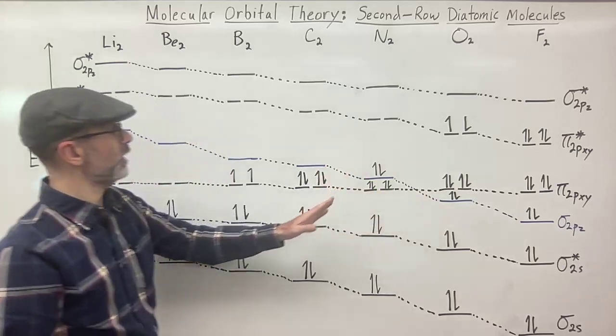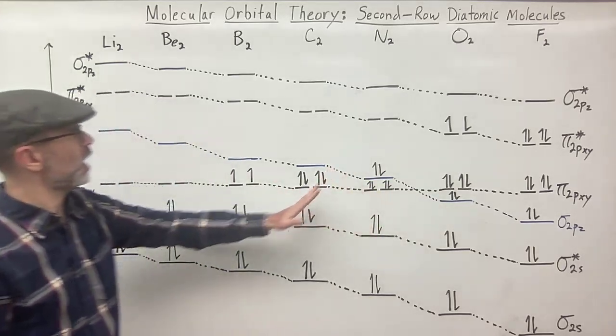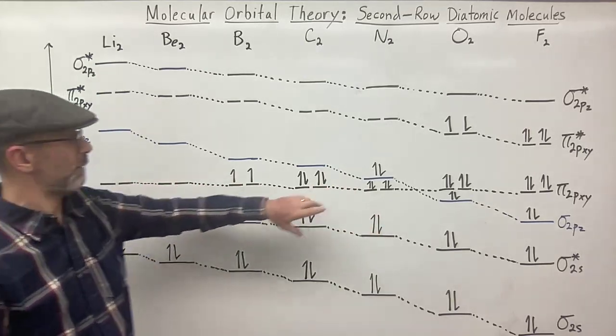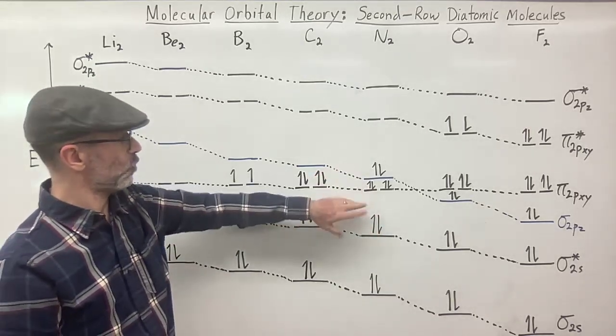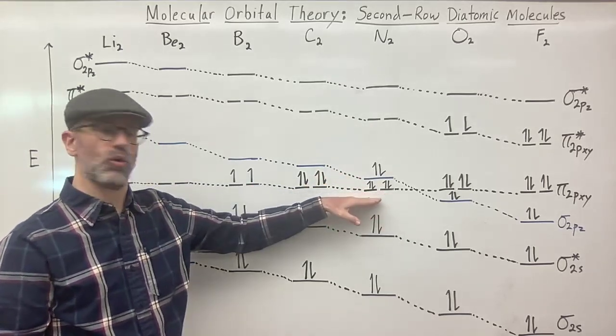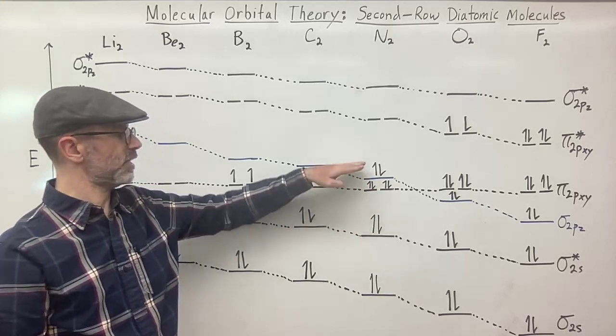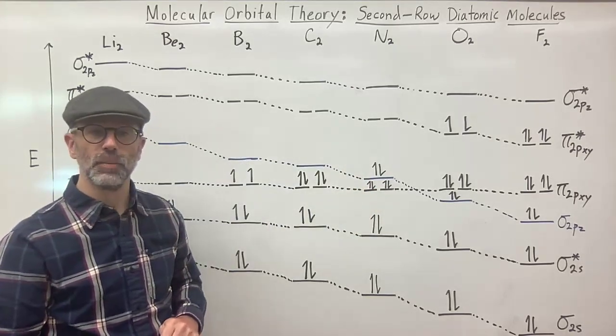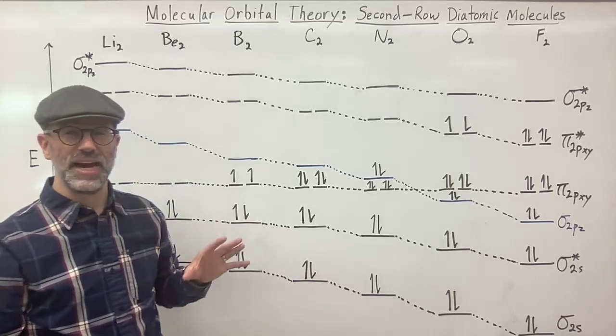But if we're doing nitrogen, carbon, boron, beryllium, and lithium, then we've got to use the order where the pi 2px and y molecular orbitals are lower in energy than the sigma 2pz molecular orbital. And that's what you've got to keep in mind.